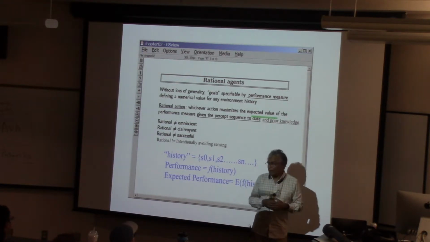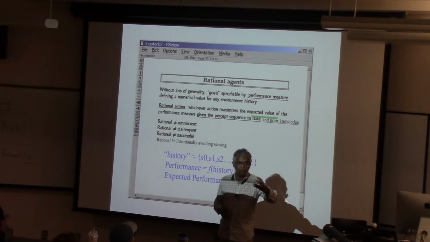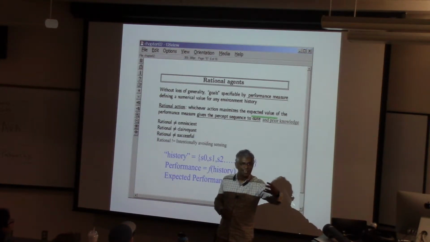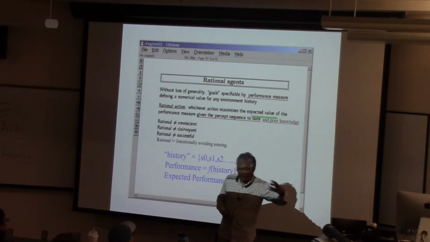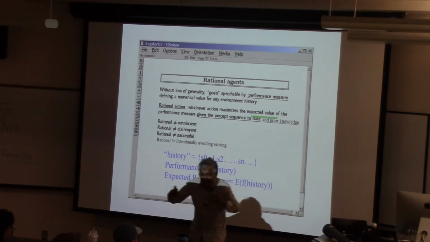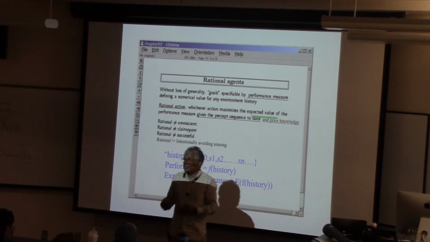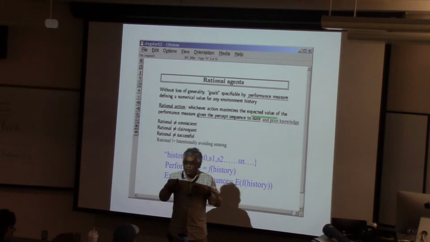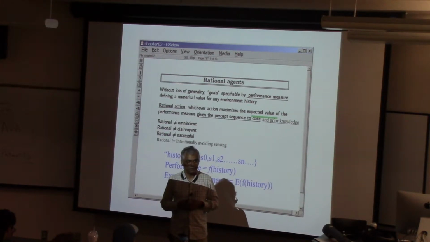Now, if I'm trying to compare your performance, with these sensory limitations, with somebody who has no sensory limitations, do you see what I'm saying? I will still look at the states that you have gone through. How many times are you bonking your head against a wall? How many times are you tripping? How many times are you falling into people?